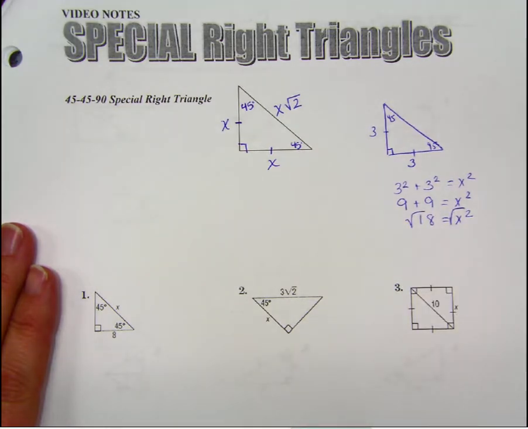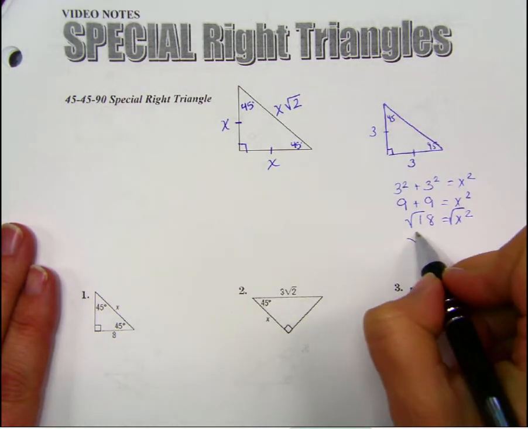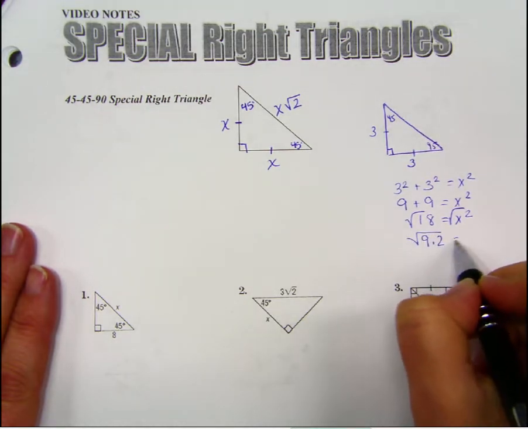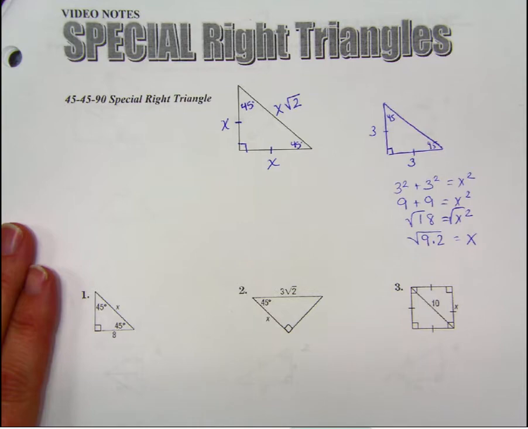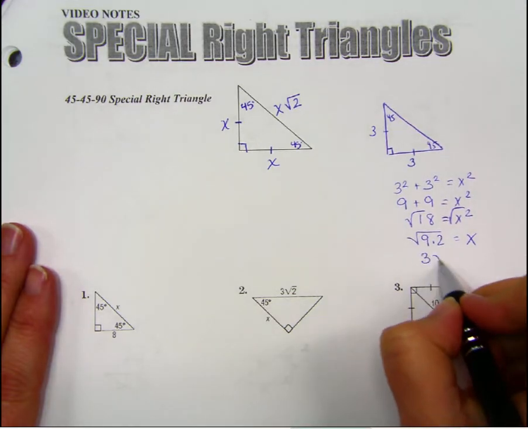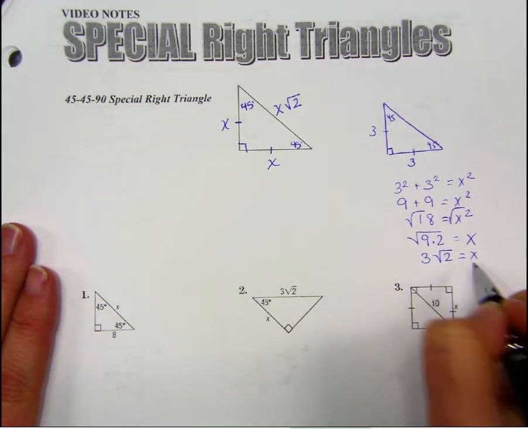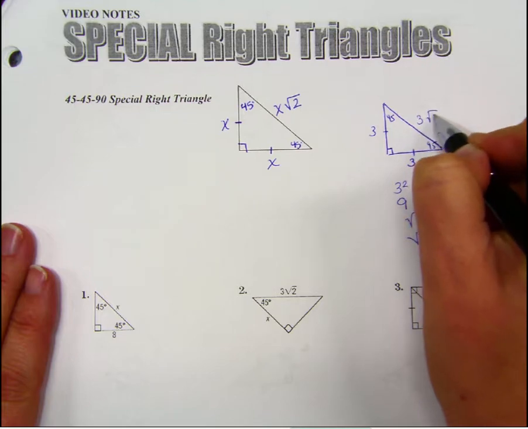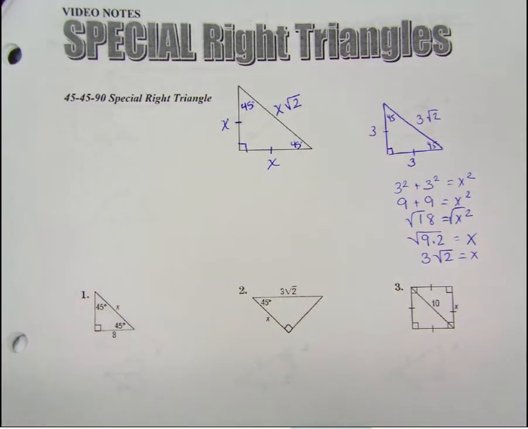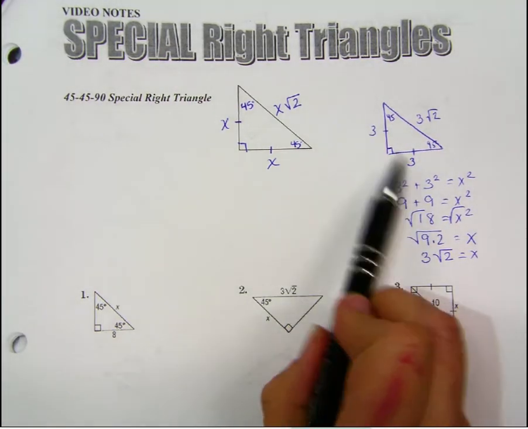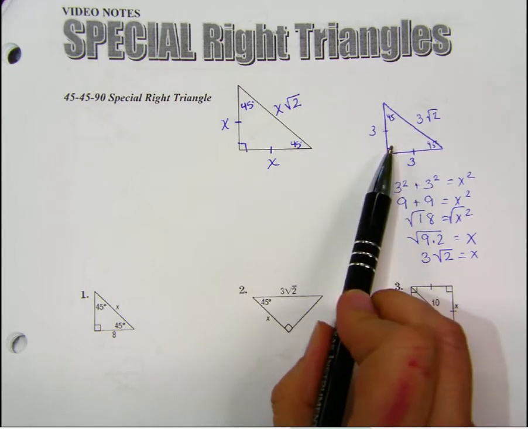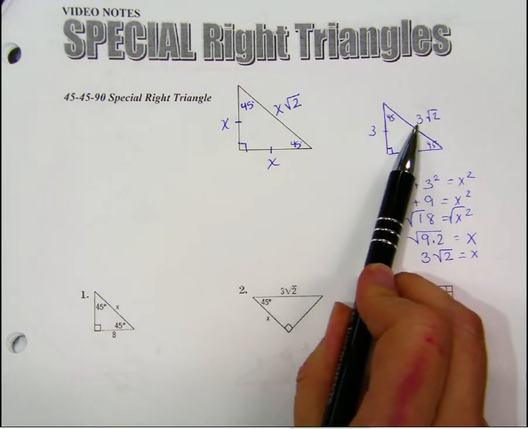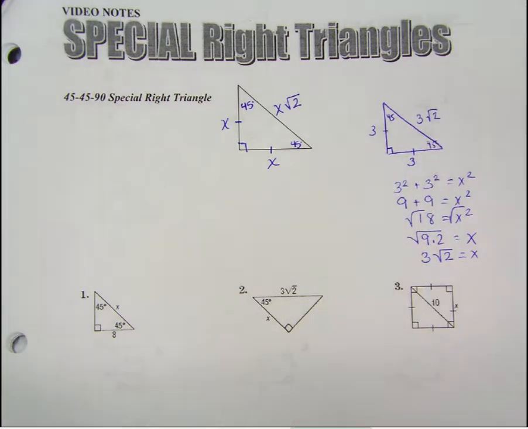And if I simplify the square root of 18, I get 9 times 2. 9 is a perfect square, and so it turns out to be 3 times the square root of 2 for my x value. So again, no matter what the length of the legs are on your isosceles right triangle, the hypotenuse is going to be that length times the square root of 2.